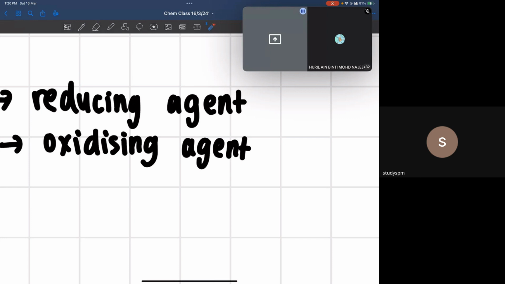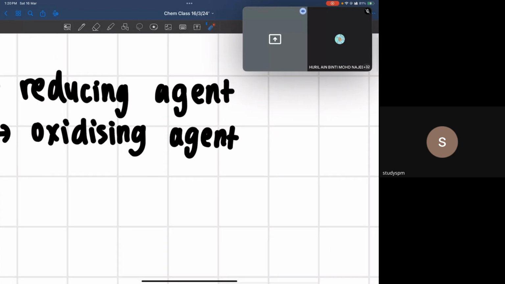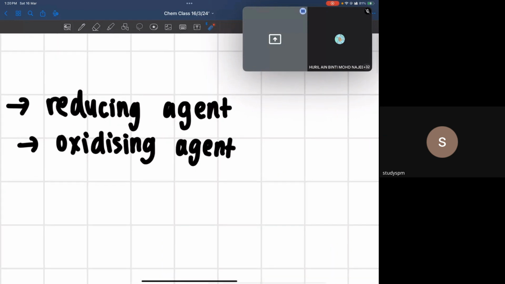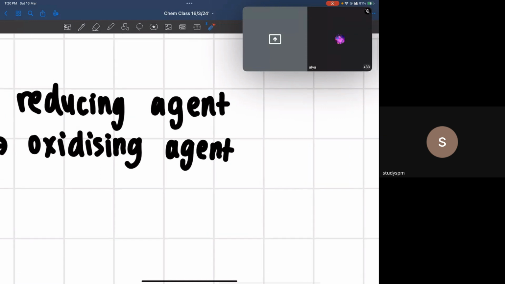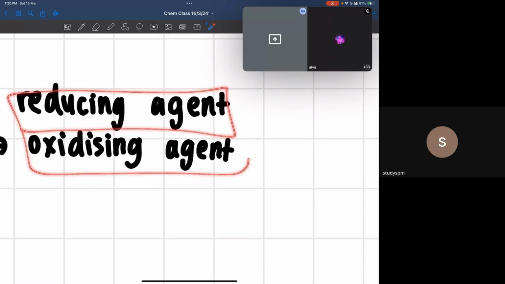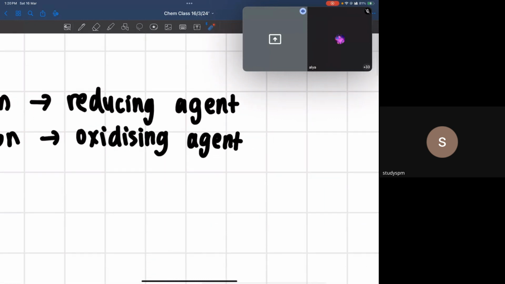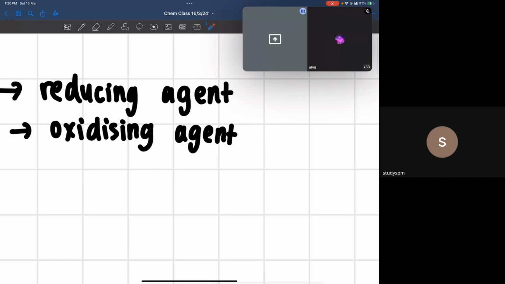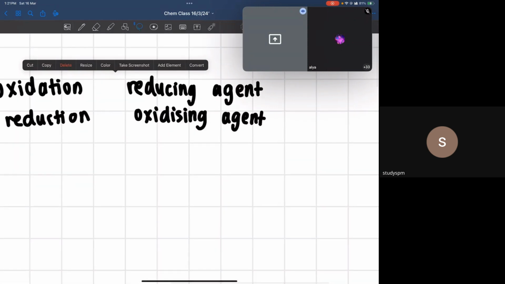Which of the following is true? They ask like A, B, C. So you need to know the basic concept. Some of the students, they cannot answer because, I don't know, maybe they forgot reducing agent undergo oxidation. They thought reducing agent undergo reduction. Actually, no. Okay? This one yang all the first Form 5 student bingung. So this one mesti bear in your mind. Reducing agent undergo oxidation. Okay, I put it that side.